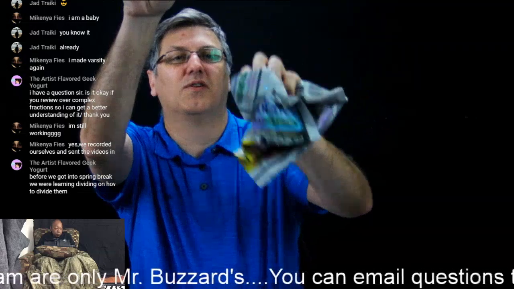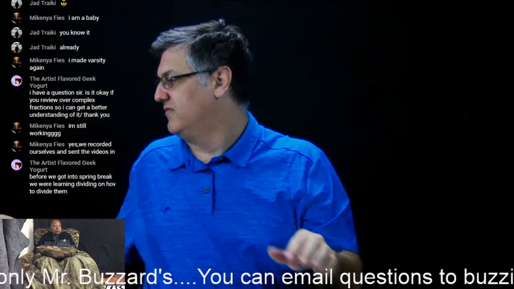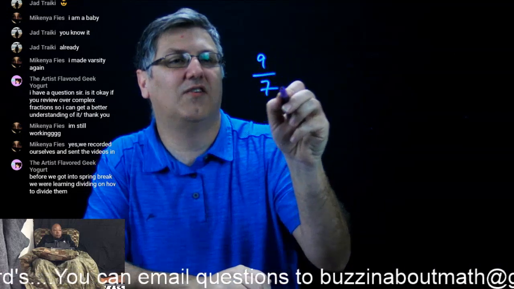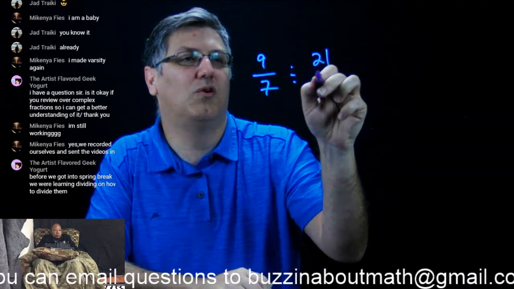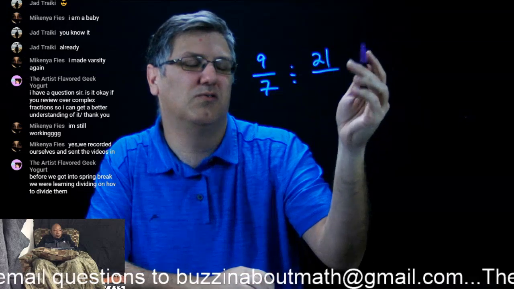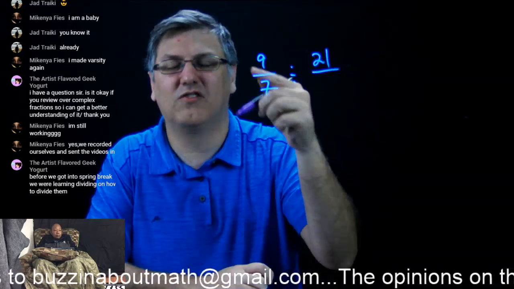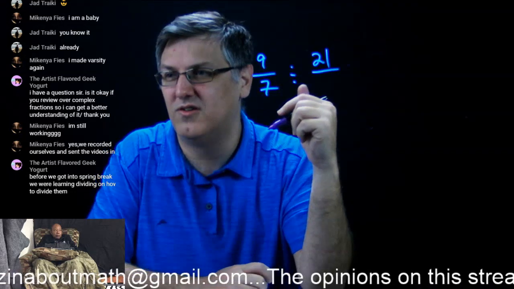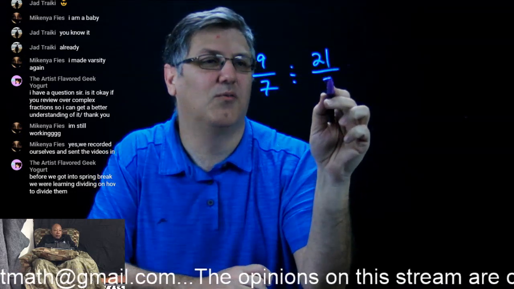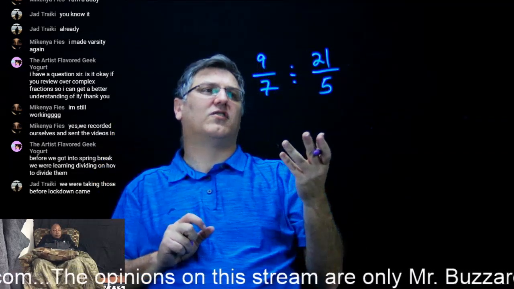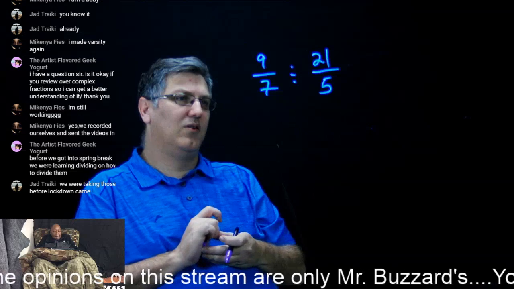Let me just flip that over. So we have 9/7 divided by 21 over, let's say, give me a prime number. 9 is not prime, 9 is composite. 5 will work. Alright, so 9/7 divided by 21/5.